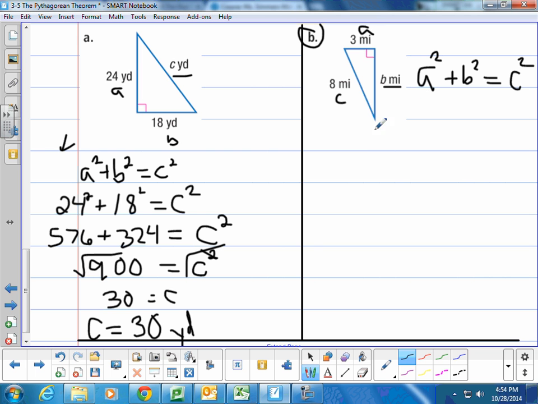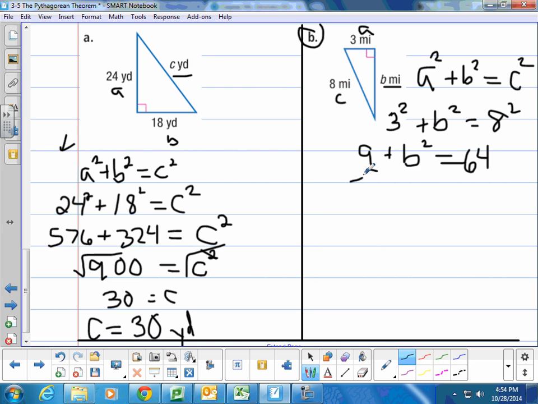I know A is 3, so I plug that in. 3 squared plus the length of B squared should be equal to 8 squared, according to the Pythagorean theorem. 3 times 3, or 3 squared, is 9, plus that B squared, which I don't know, is equal to 8 squared, which is 64.